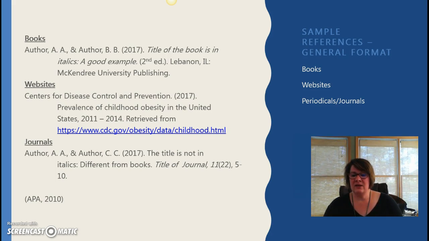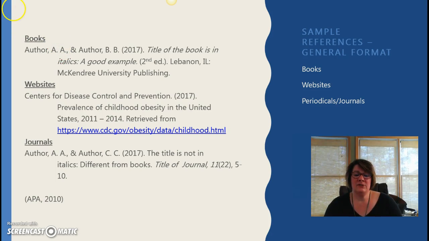The other thing is that sometimes it's a little deceptive. There may be a name of a website, so to speak, such as Healthy People 2020, but actually the organization that authors that page or that website is actually the Office of Disease Prevention.